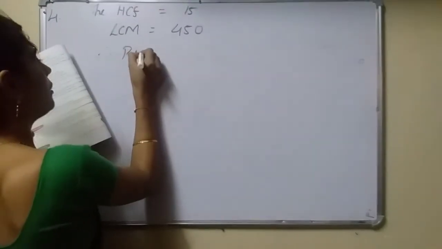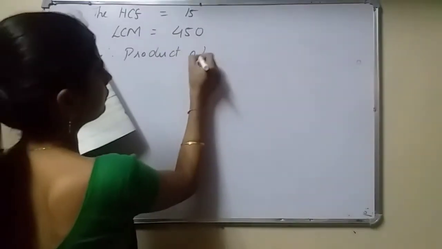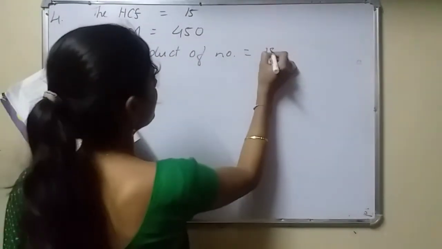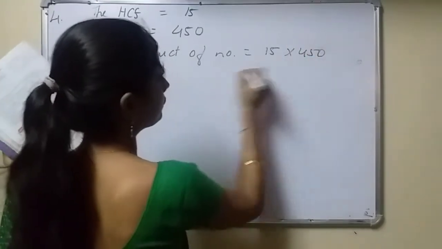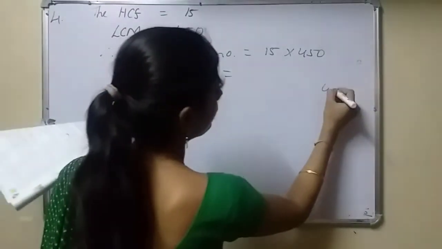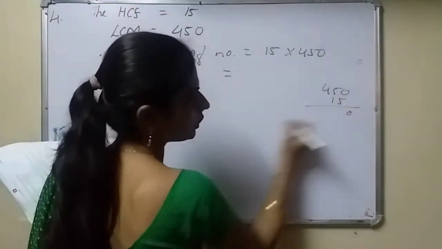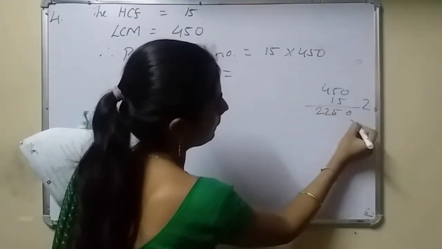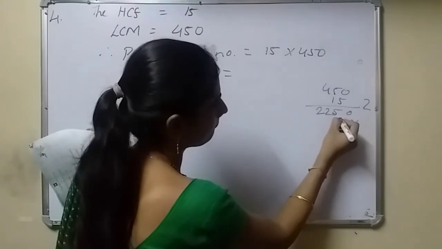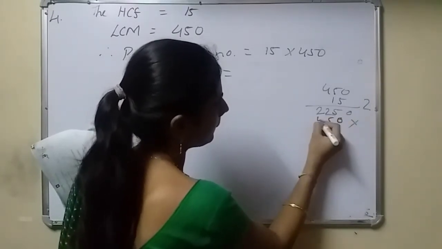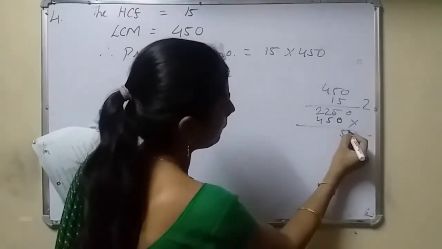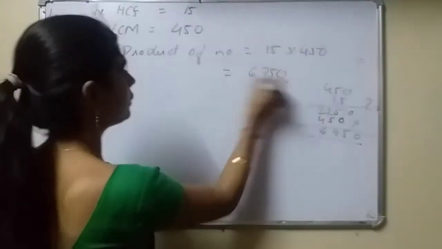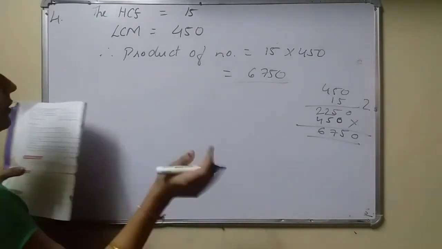Therefore, the product of the numbers is equal to LCM into HCF, means 15 into 450. Now multiply it, 450 multiplied by 15. 6750 is the product of the numbers.